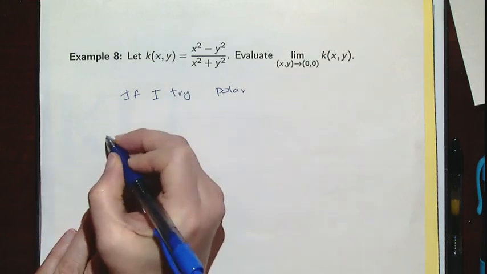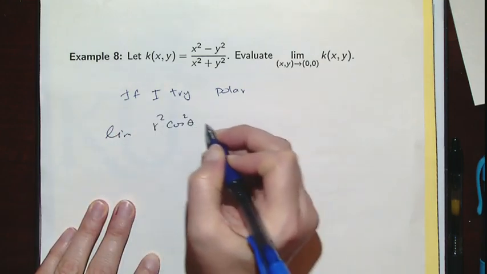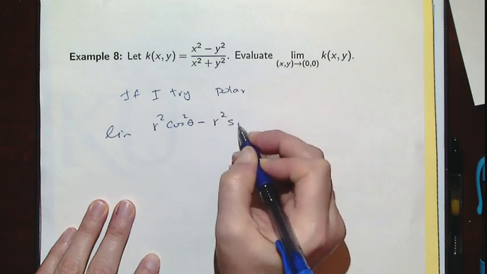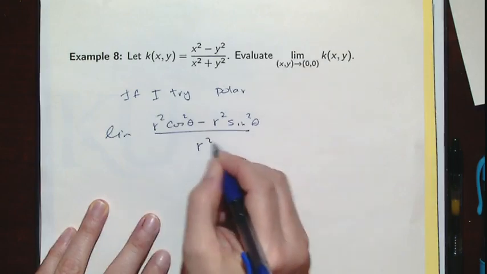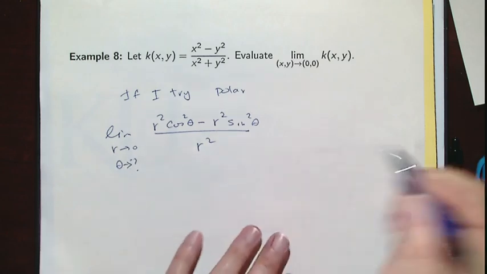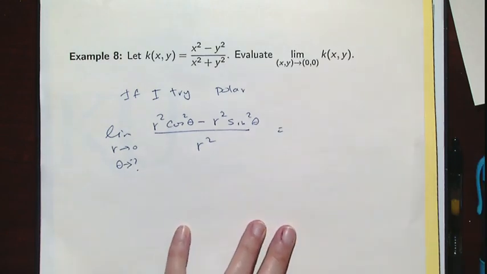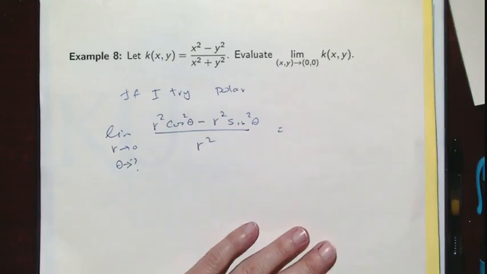What do I get? Limit of r squared cosine squared theta minus sine squared theta, everybody agrees on that? What is the denominator? r squared. r goes to 0, theta I don't know. And I feel like if I plug in r and theta, I should be able to use the squeeze lemma.